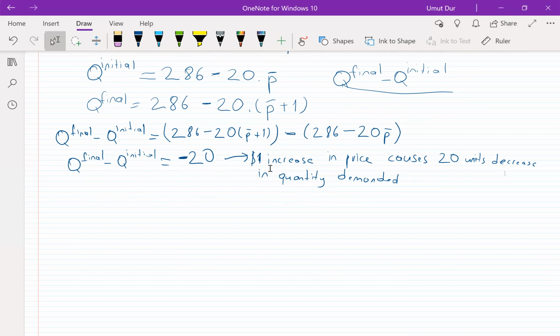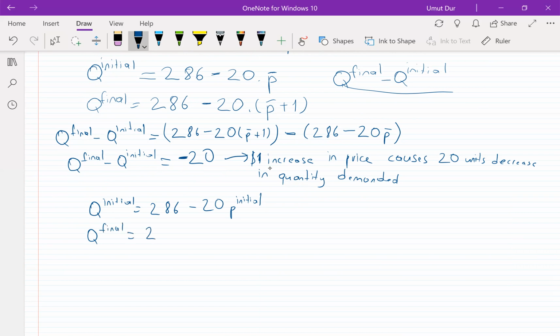So basically, I checked the effect of a $1 increase in the price. I could have looked for a more general case. For example, let's say that Q initial is for some price. I don't know the exact value of the price, some P initial, and I am also looking at some change in the price.